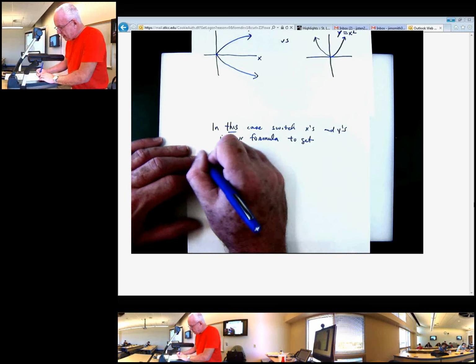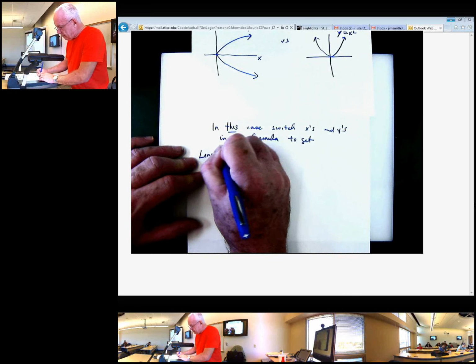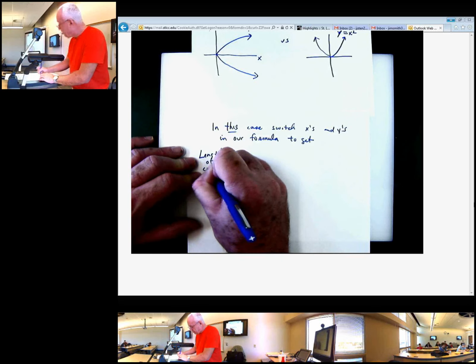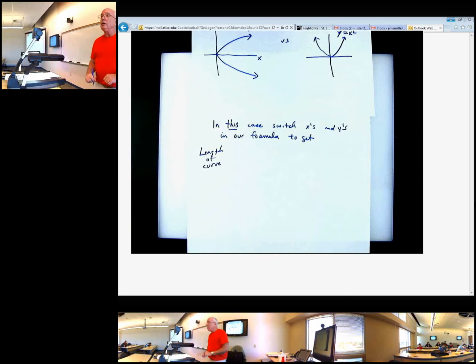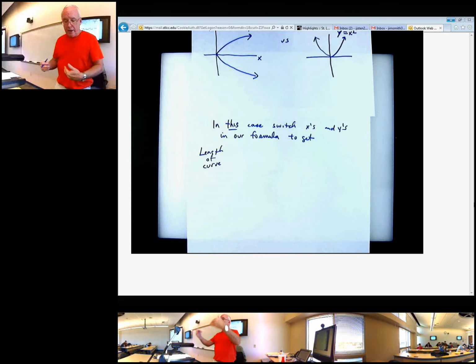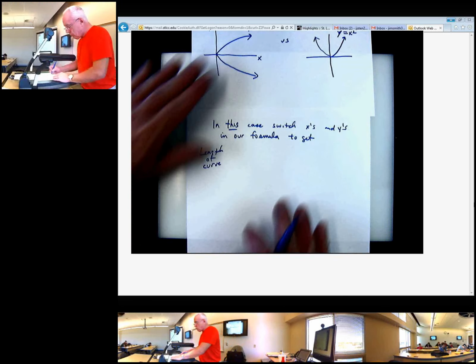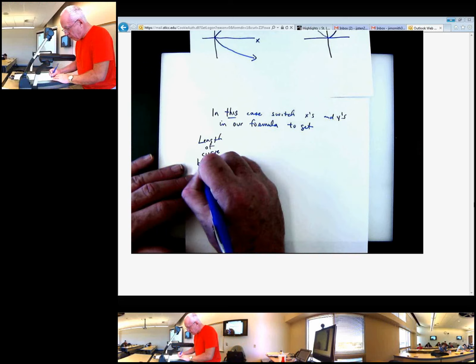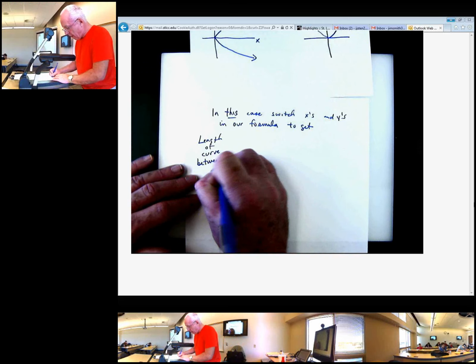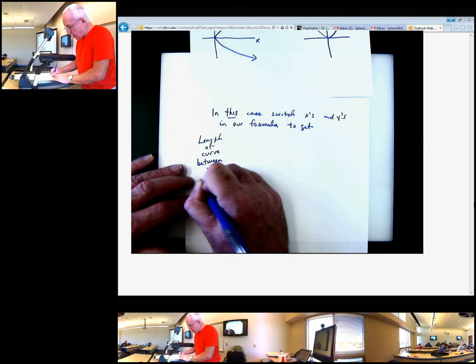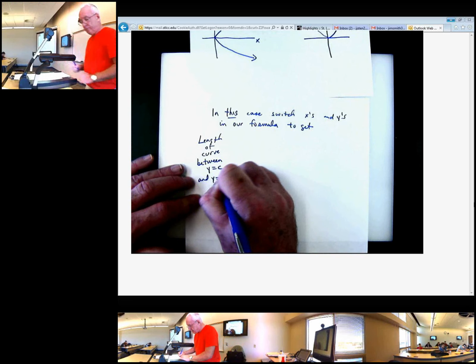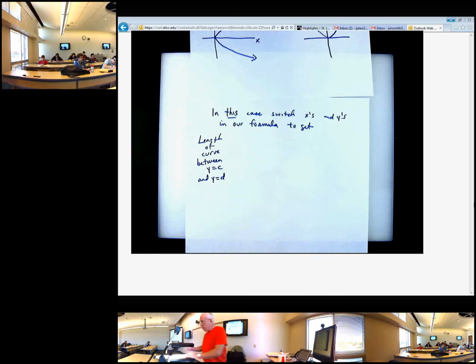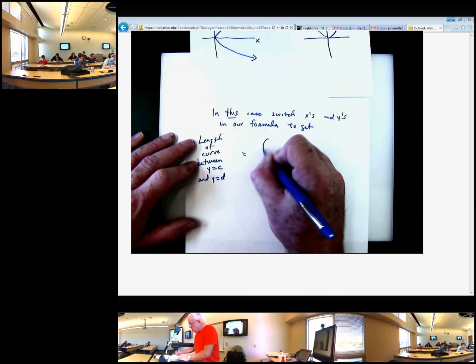So, now we can say the length of the curve between, now we're going to look at two different y values, say between y equals c and y equals d, would be something like this. We have our integral.